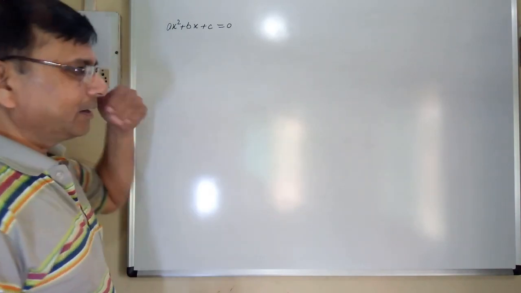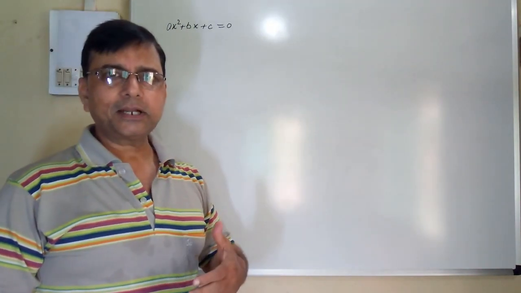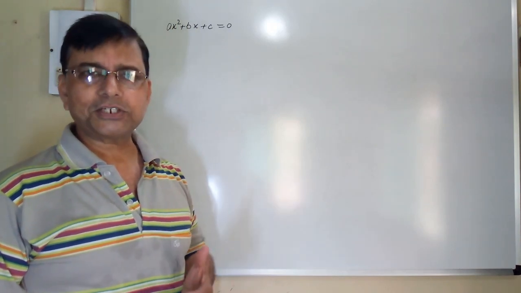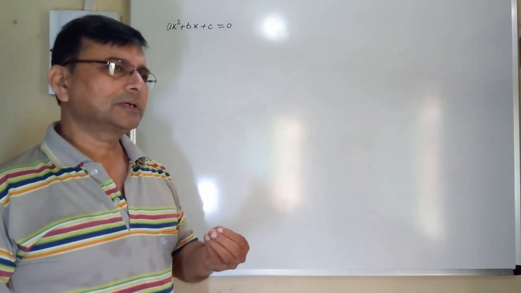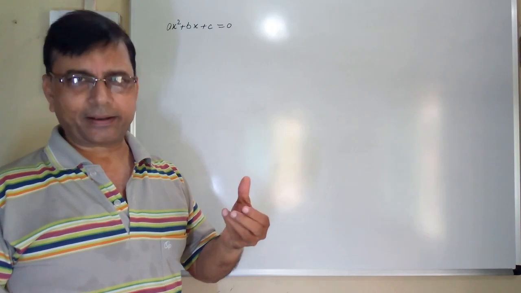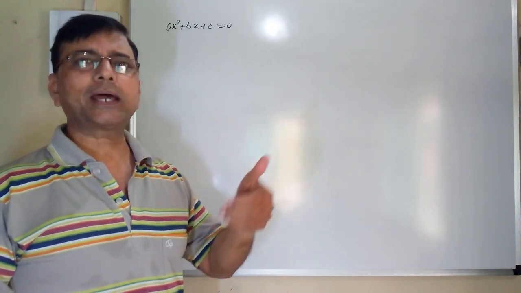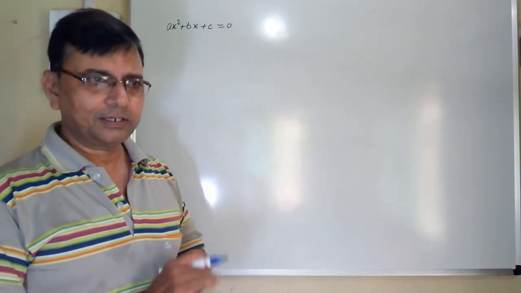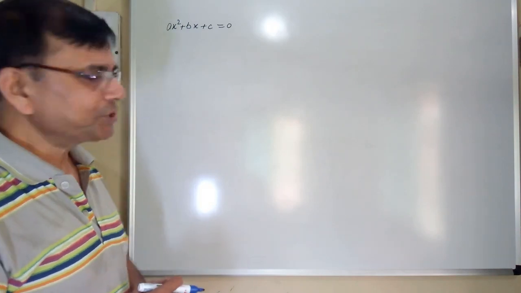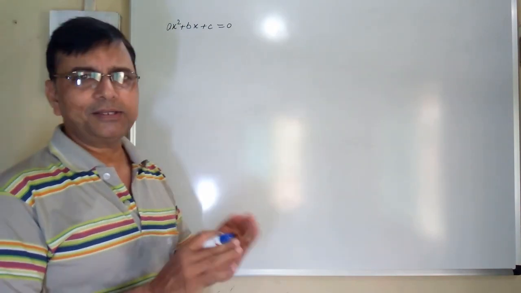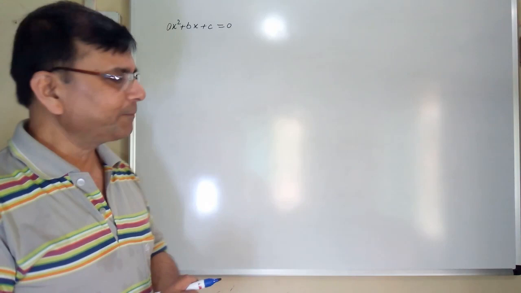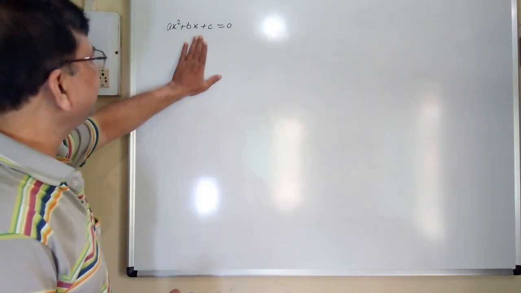We have already studied the method of solving the quadratic equation by completing the square. So a similar concept I will use to establish the formula. What do we do over here?